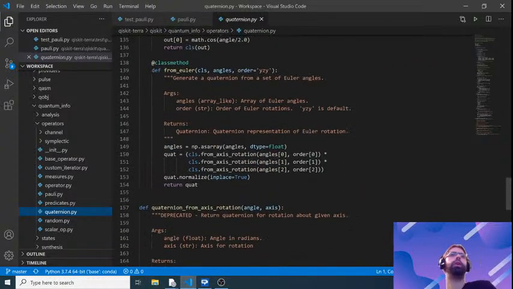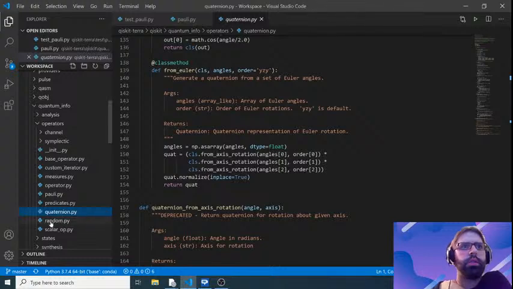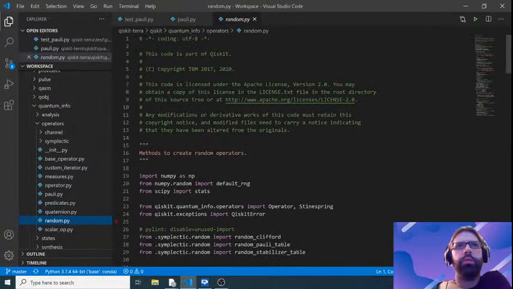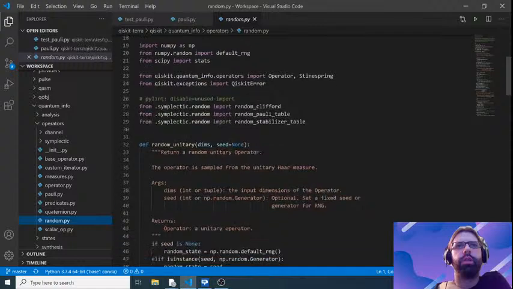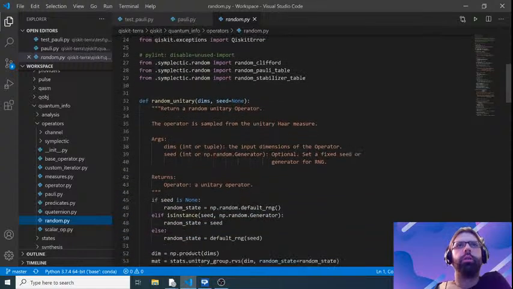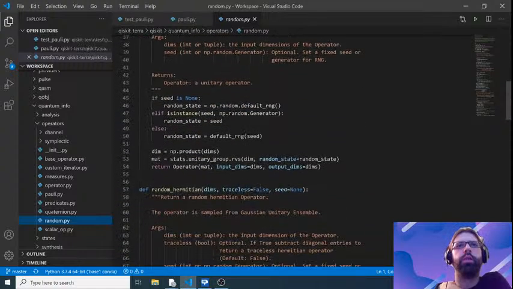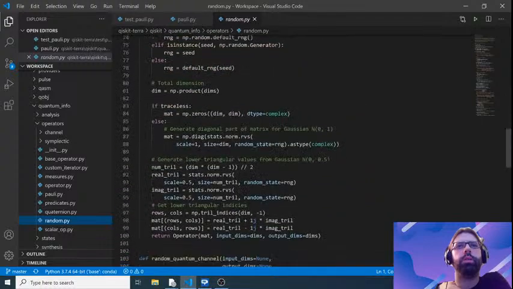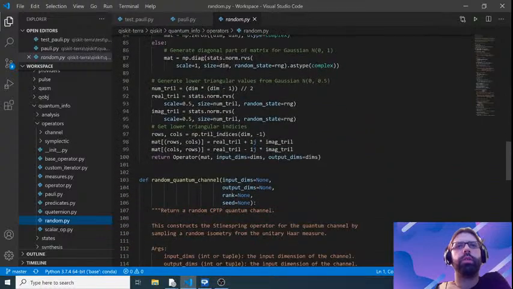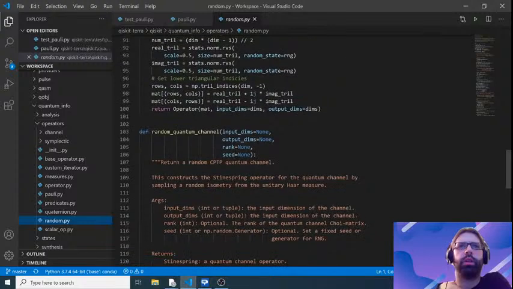So basically, yeah, I don't know. Random. Okay, this creates random operators. A random unitary. Oh, that's nice. Okay, random Hermitian. Those are useful stuff, I guess. A random quantum channel. Okay.